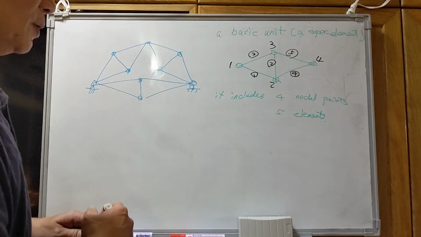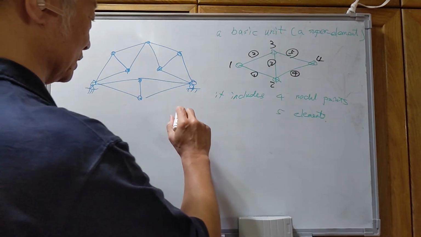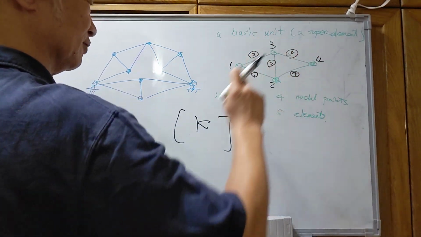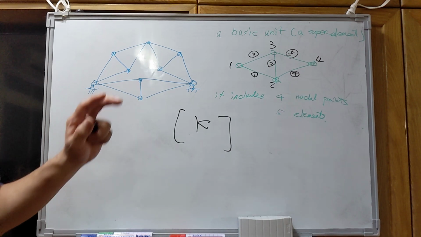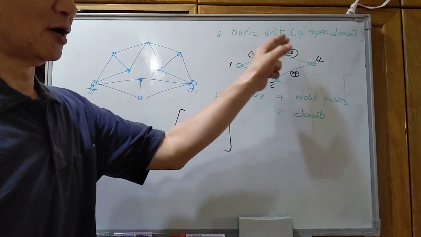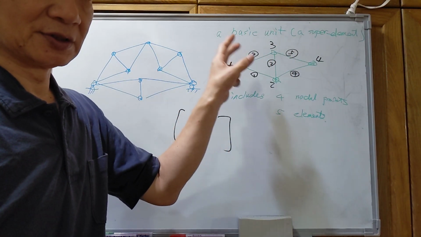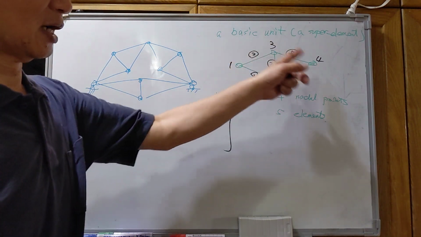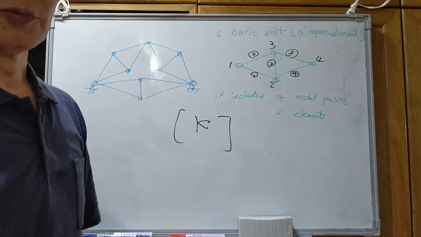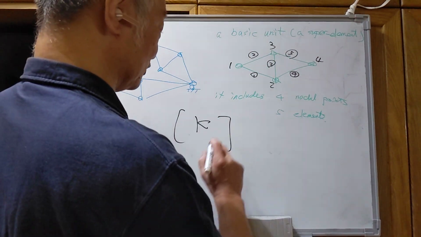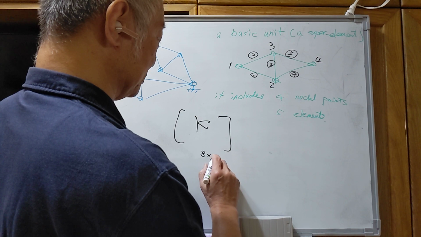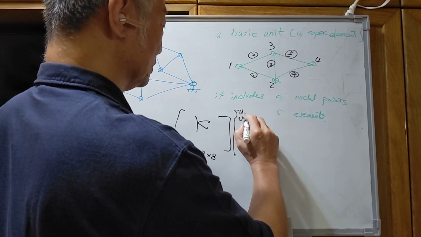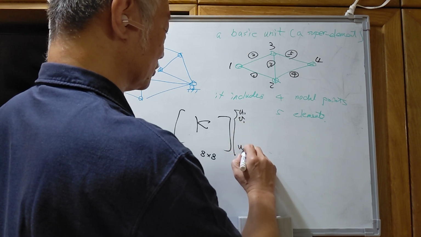So we can calculate the part of the K matrix which includes all the joints. What will be the dimensions of the partially assembled K matrix for this unit? Since we have four nodal points, the dimensions will be 8x8, which includes U1, V1 until U4, V4.